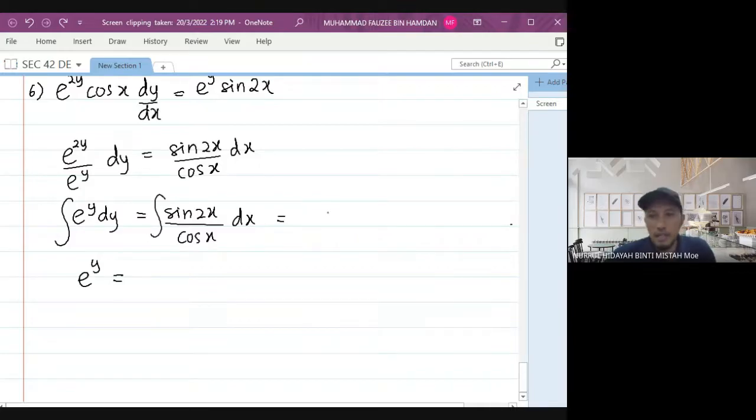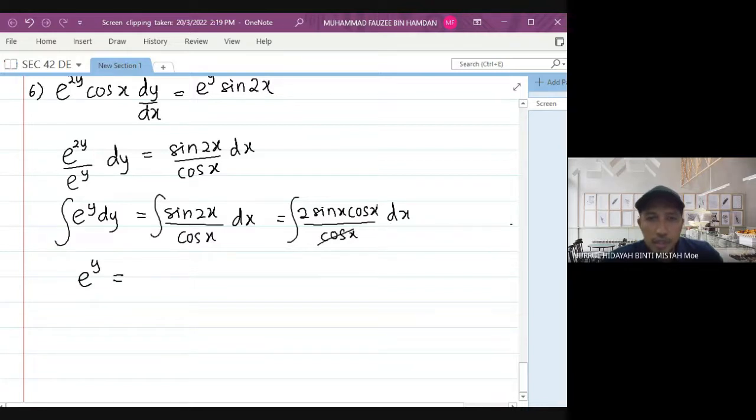Okay. Brave, no. Amiza, Dalila, very good. You give the correct answer, the correct step. Use the identity. Sine 2x is actually 2 sine x cos x over cos x dx.